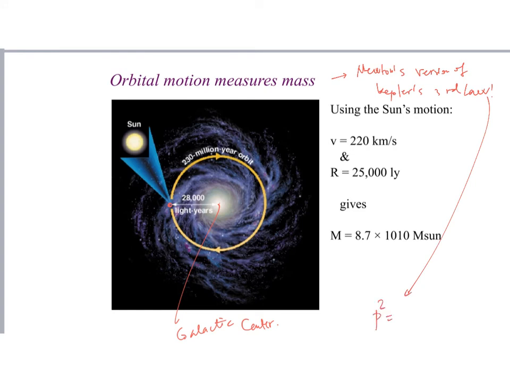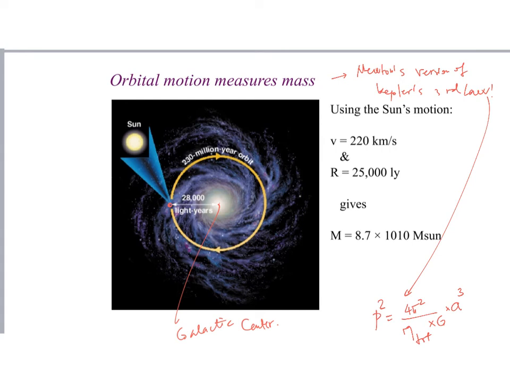Period squared is 4 pi squared over the total mass M times the universal constant of gravity, times the semi-major axis, or the average radius of the orbit, cubed.